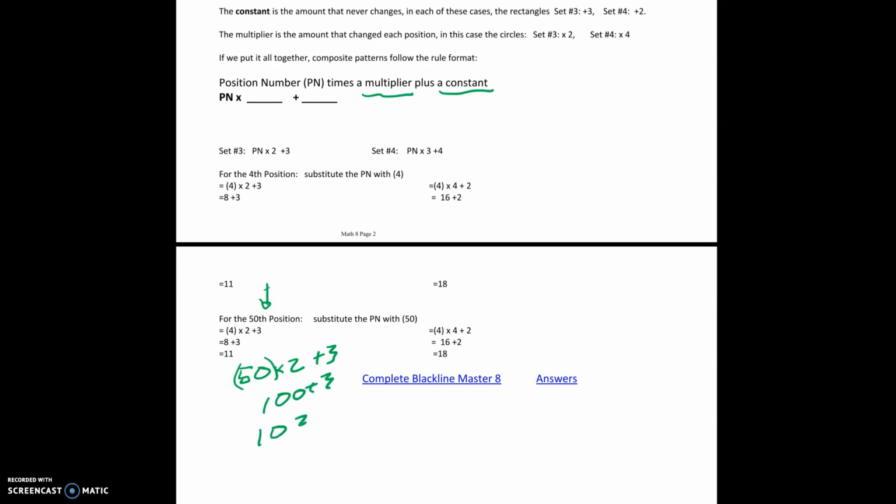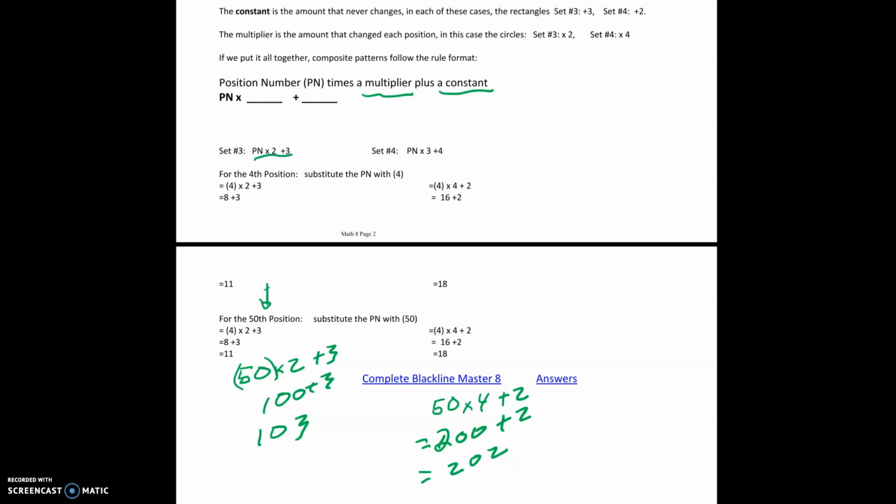And for set number 4, 50th position, that would be position 50 times 4 plus 2, 200 plus 2, 202.